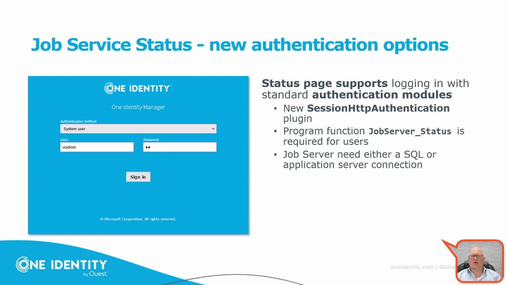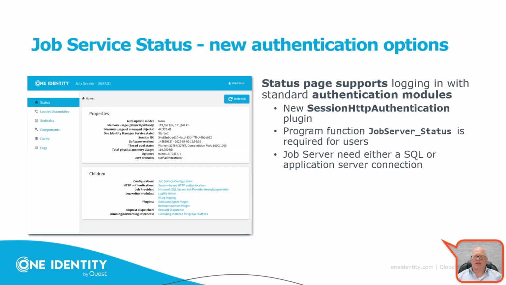The new feature now is that, like for all the other tools, it is possible to use the complete power of a One Identity login page. You see that here on the left hand side, people can now use system users or role-based access or whatever to log in to such a service page if necessary. Once you pass it, you will get access to the status page of the job service. And of course, if this module is not configured, you will get access immediately.